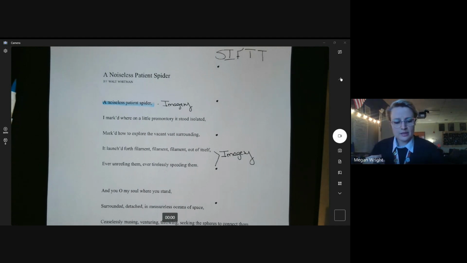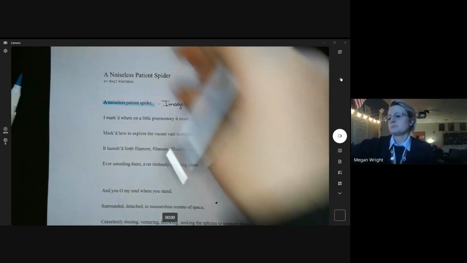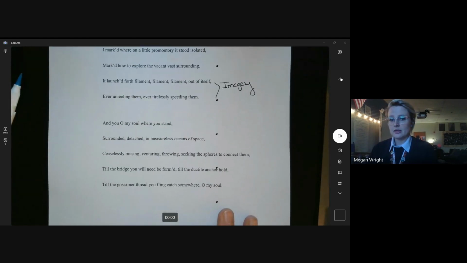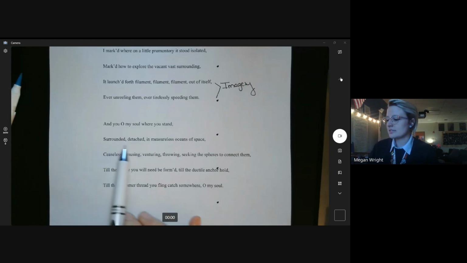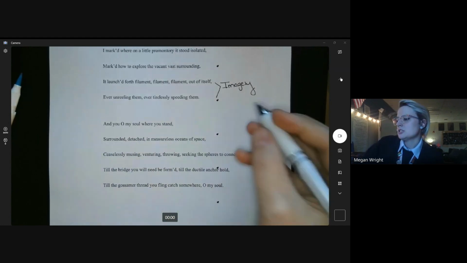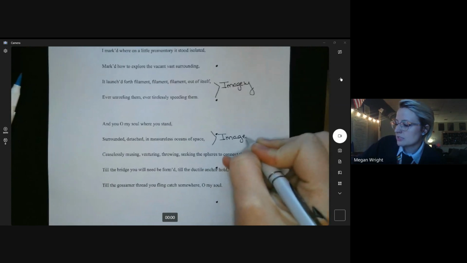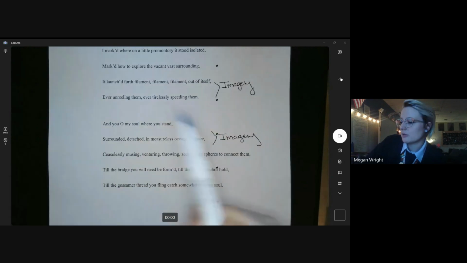Another example, as we move down into the second stanza, and we're looking at examples of potential imagery here, we get this description of being detached in measureless oceans of space. We could identify this as a piece of imagery as well and really discuss what it is that Whitman is saying with this metaphor.